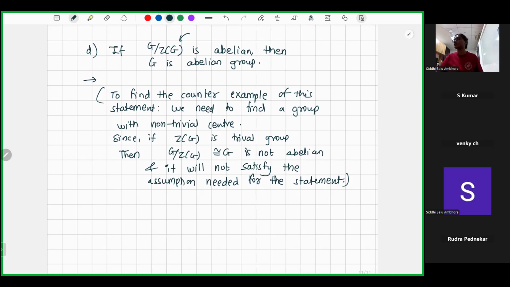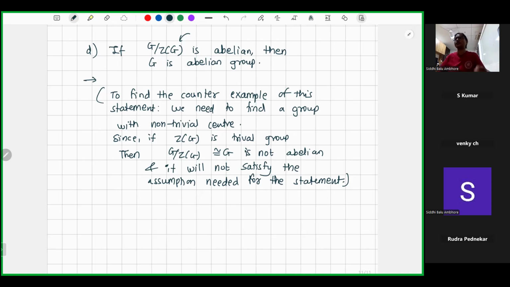Any group which we discussed earlier which had non-trivial center, if you remember, we discussed not many, but we discussed a few groups today, and one of them had non-trivial center.